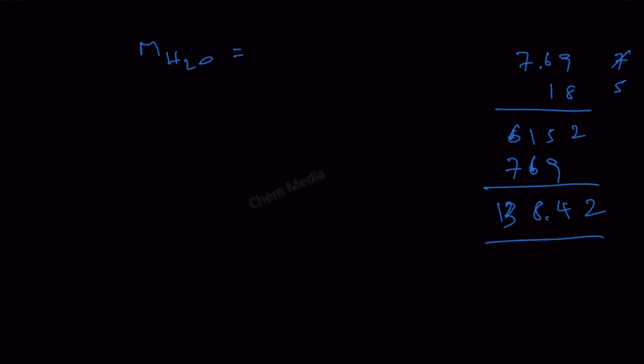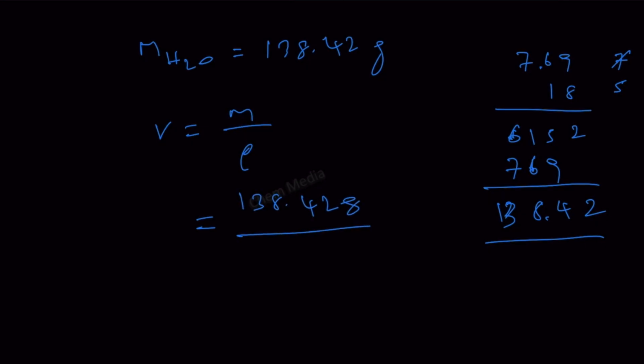Therefore 138.42 gram. That's the mass of H2O. Now volume is equal to mass divided by density. So therefore 138.42 gram divided by density is given as 1 gram per milliliter. So therefore gram we can cancel.